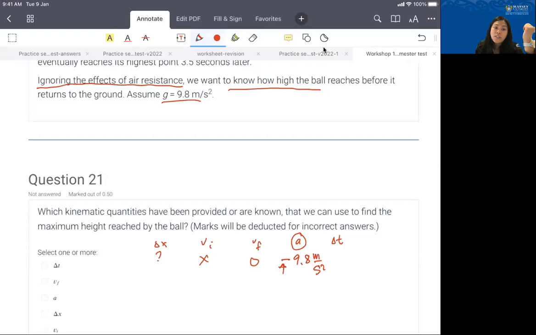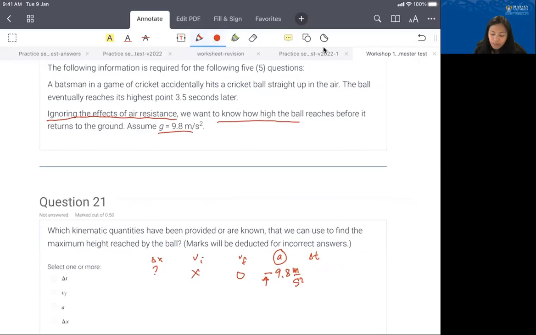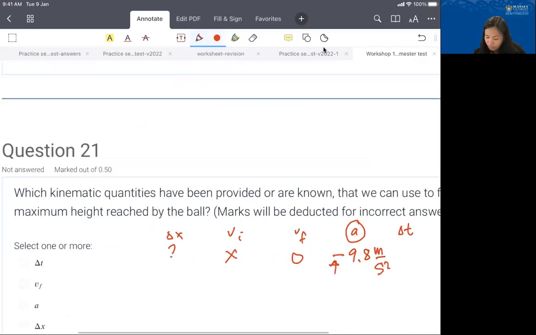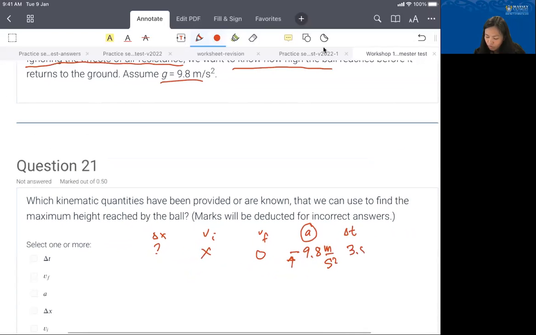It's really important that you put the negative sign, especially when you're doing the calculations. And then it reaches the highest point at 3.5 seconds, so the time will be 3.5 seconds.